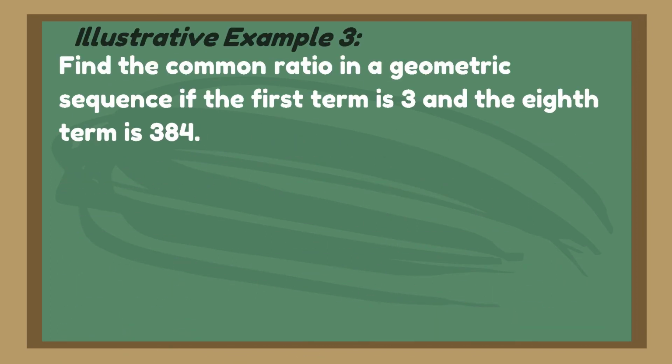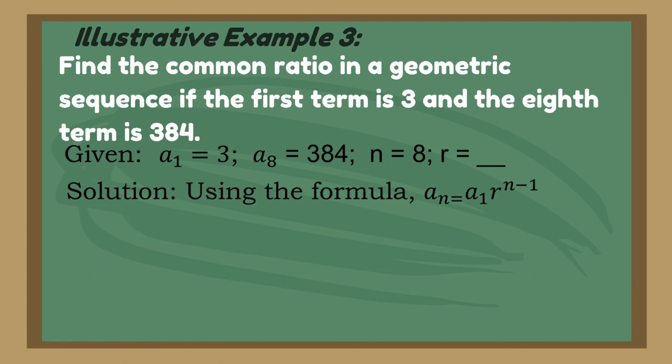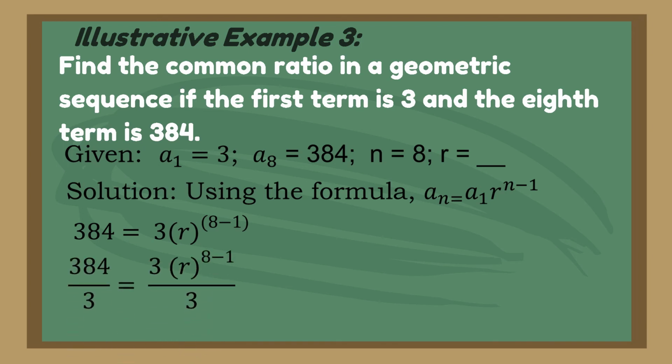Next example. Find the common ratio in the geometric sequence if the first term is 3 and the 8th term is 384. The given are a sub 1 is equivalent to 3, a sub 8 is equivalent to 384, n is equivalent to 8, then we need to find the common ratio. Using the formula a sub n is equivalent to a sub 1 times r raised to n minus 1, substitute the given values. So we have 384 equals 3 times r raised to 8 minus 1. By applying the property of equality, we can divide both sides of the equation by 3.